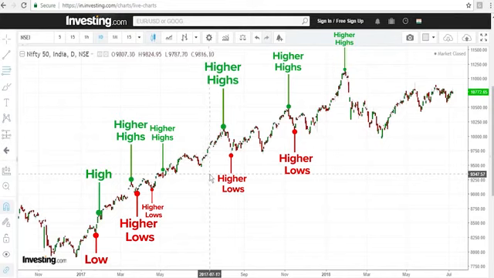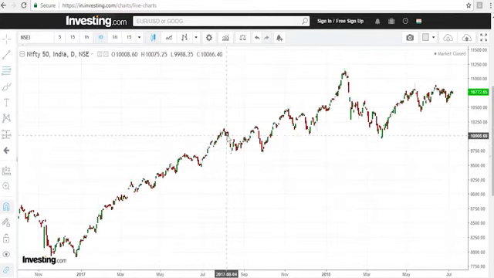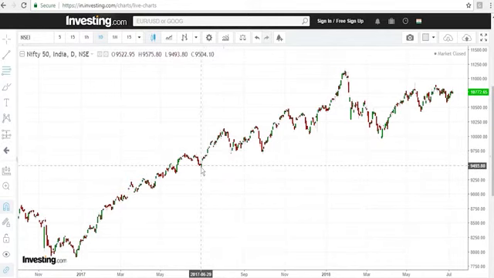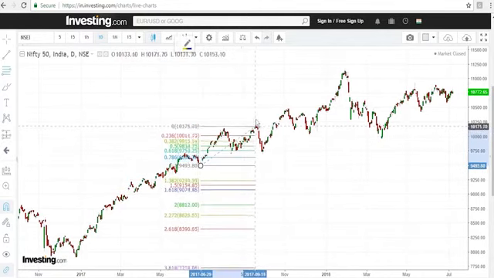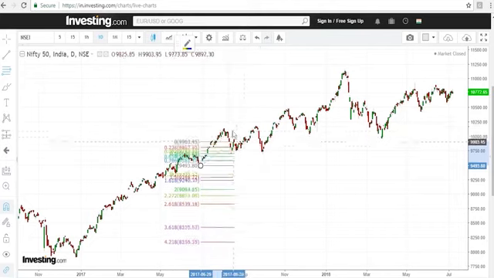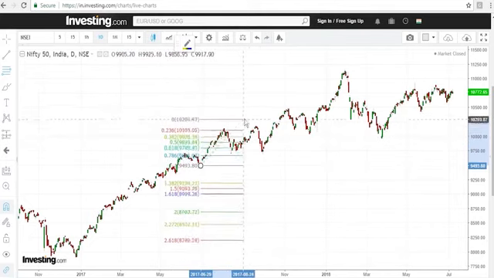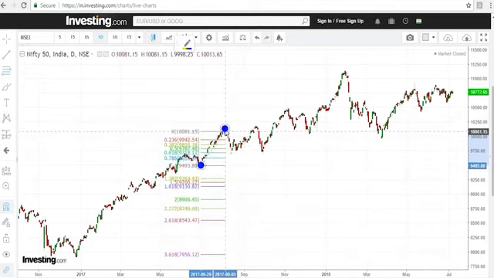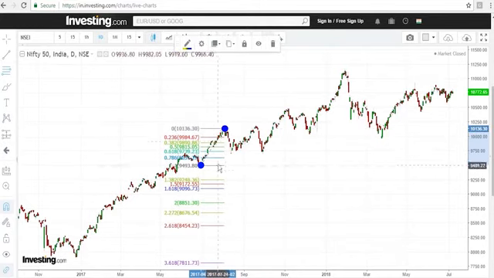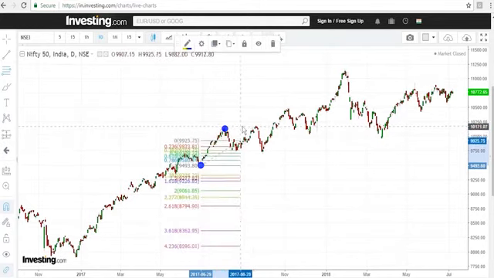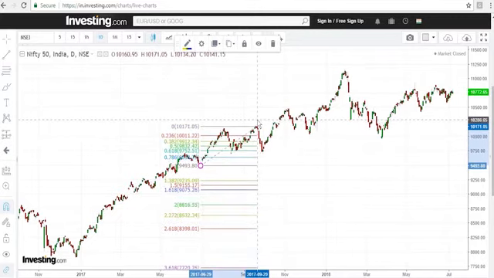So I would like to see when the market comes down, when the correction would stop. So from here I would draw a Fibonacci retracement till the highest point here. I want to extend it a little bit, that's why I would like to draw it this way.